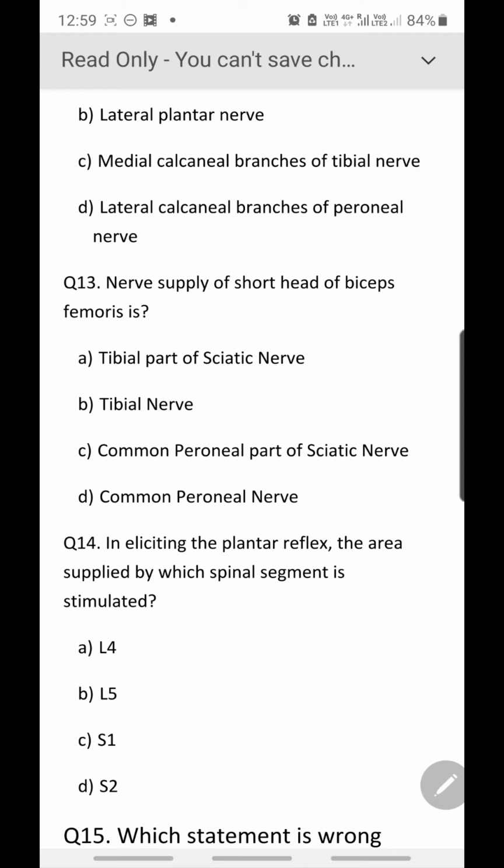First of all, it is the only muscle that arises from the linea aspera, and it's an exception in the hamstrings, that it doesn't follow the rules of the hamstring, and it is innervated by the common peroneal part of the sciatic nerve. Got it? So this is the answer. The rest of the muscles in the back of thigh are all innervated by the tibial part of the sciatic nerve. Okay.